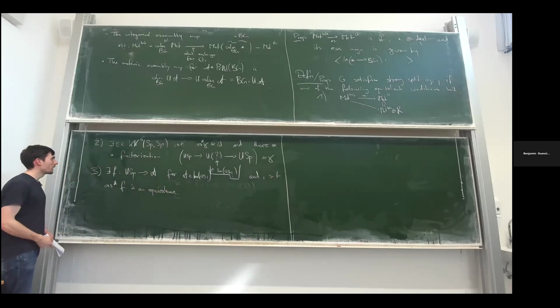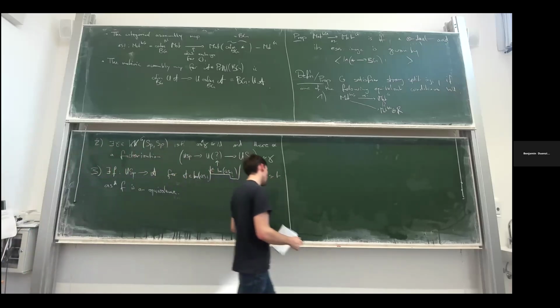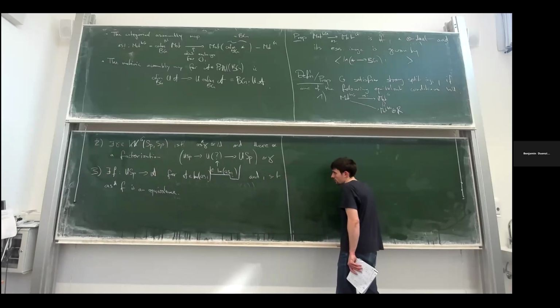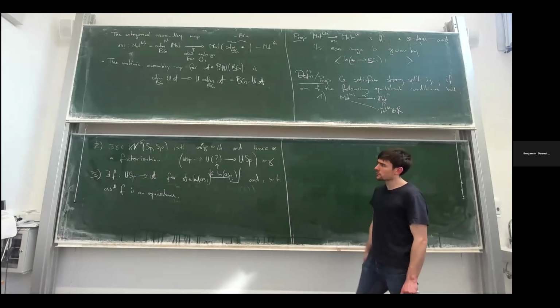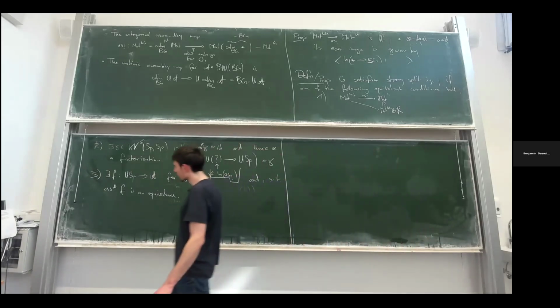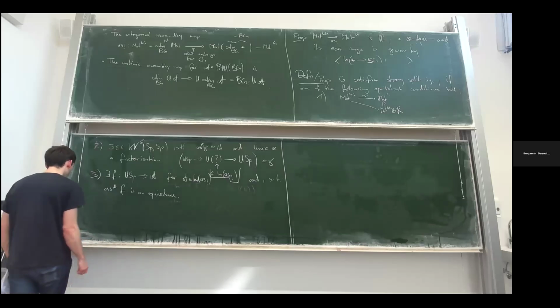Okay. So this definition is a proposal for an analog of the Dirac-Dual Dirac method in the context of algebraic K-theory.